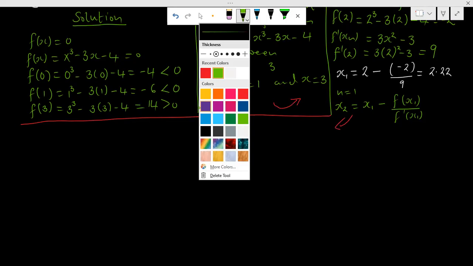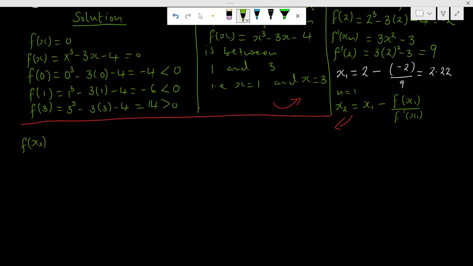Our f at x2 will be f at 2.22, which will be equal to 2.22 cubic minus 3 times 2.22 minus 4, which will be equal to 0.281.